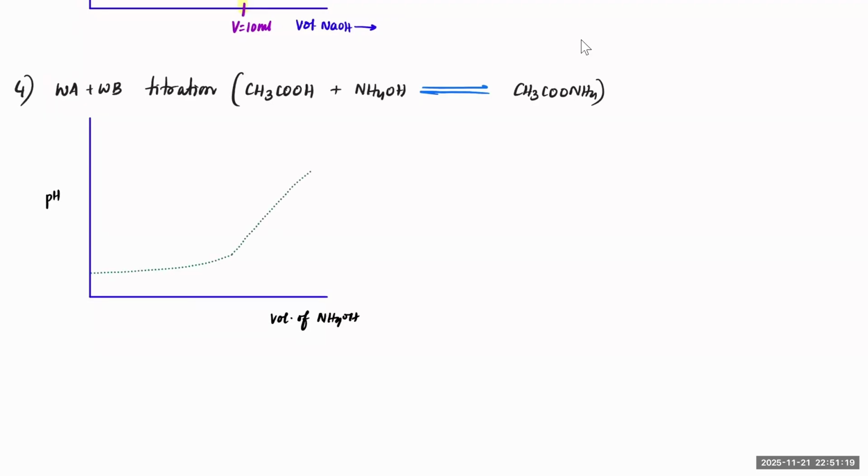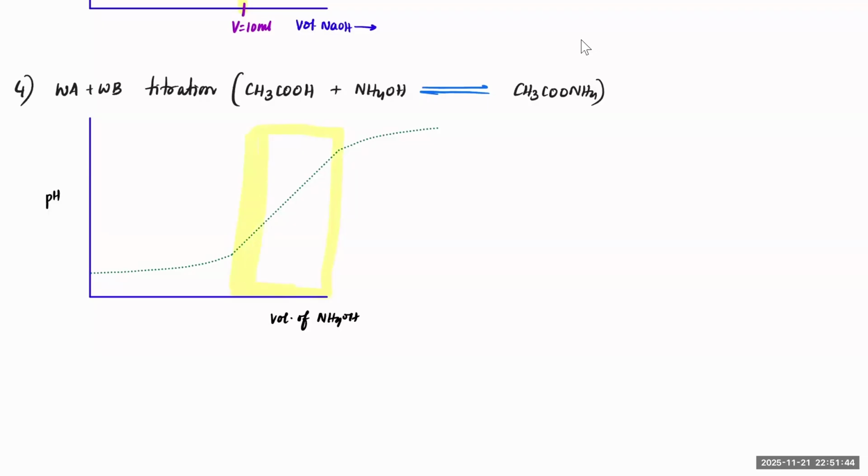And there will be a slight change here like this. And then again it will go gradually like this. So you can see there is no sudden change of pH. It will not happen as a sudden change of pH. You can see this entire range is where you are noticing the pH change happening.